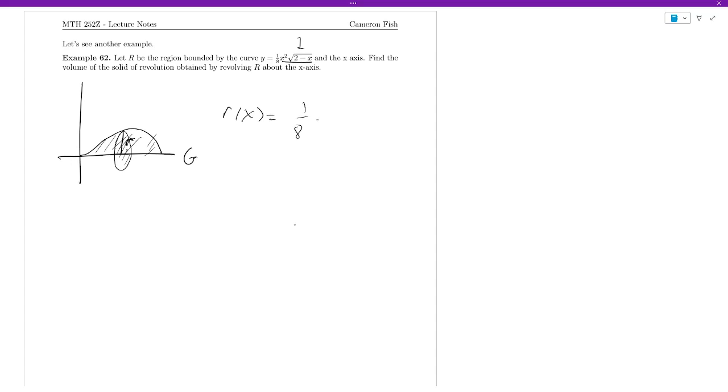So the radius is just the function itself. And then the area is going to be pi r squared, where you're using this as your radius. So we'll integrate pi times our function squared. That's pretty much it, as long as we plug the bounds in.